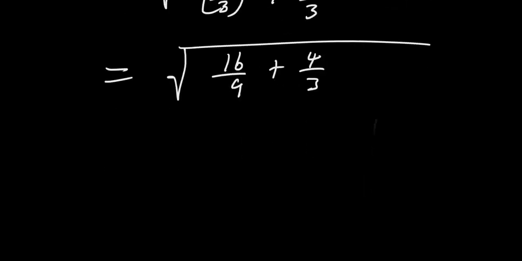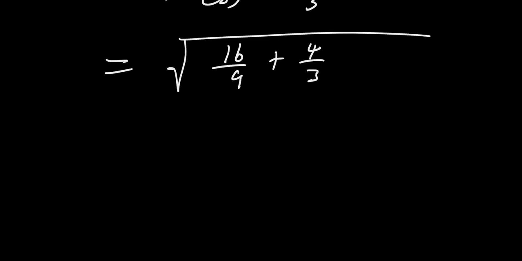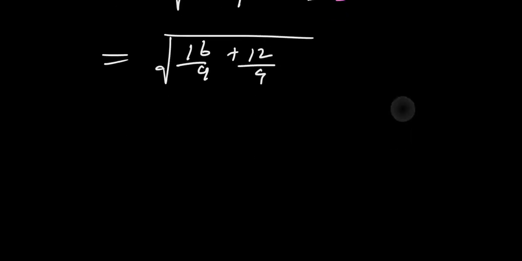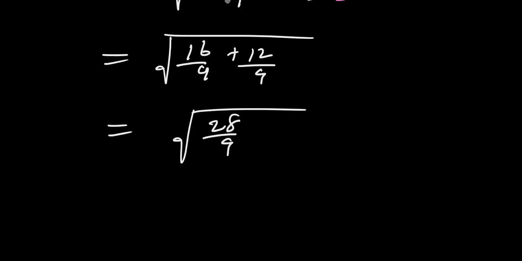So let's find the common denominator of this, and we can do that by simply multiplying 3 by 3, multiplying 4 by 3, and this will become 16 over 9 plus 12 over 9. Now that we have a common denominator, we can simply add up the numerators. 16 plus 12, that is 28. So this will become the square root of 28 over 9.